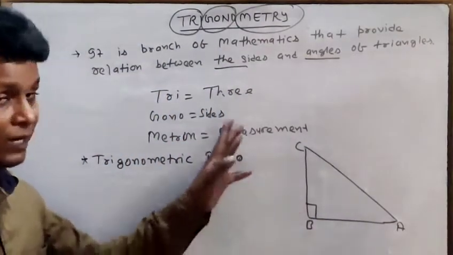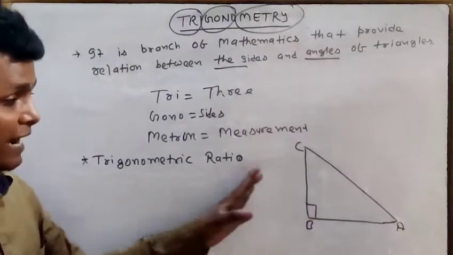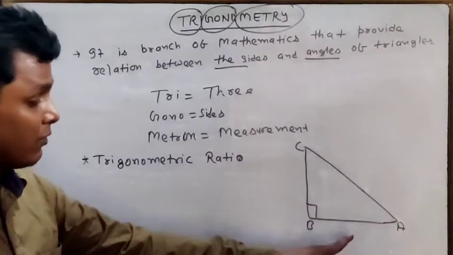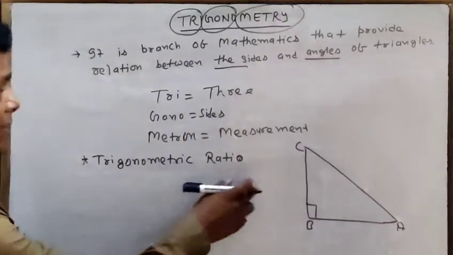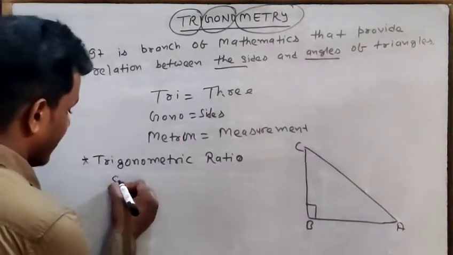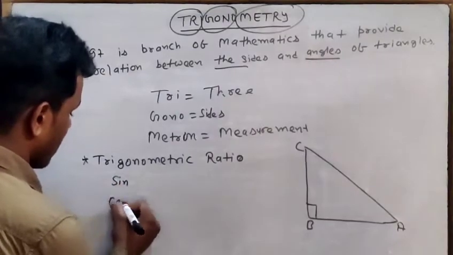In this chapter, every triangle has a right angle. There are 6 types of trigonometric ratios. First of all, sin, cos, tan.